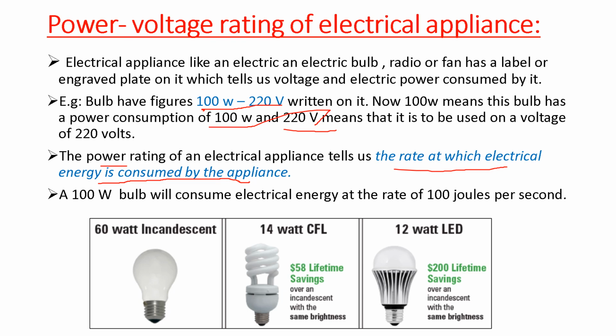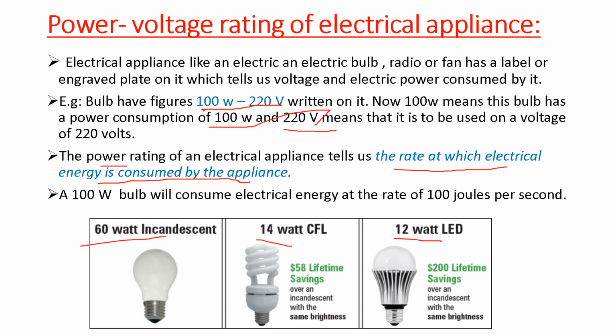Here we can see an example: an incandescent bulb is of 60 watt, whereas a CFL is of 14 watt and an LED is of 12 watt. So the less the power rating, the less energy it is going to consume. That is why nowadays we are mostly using LEDs instead of CFL bulbs.